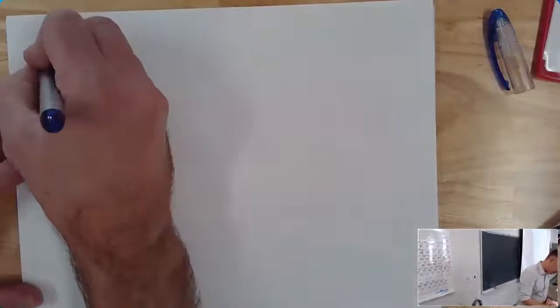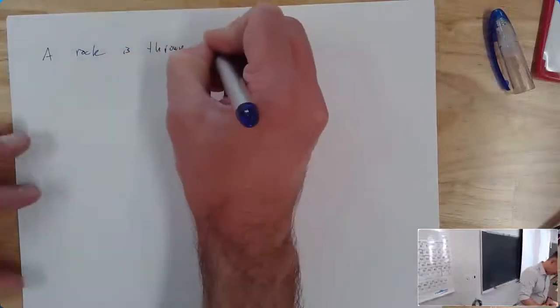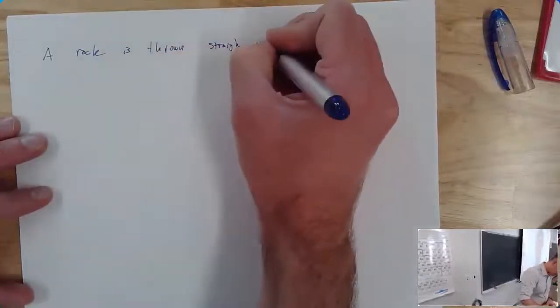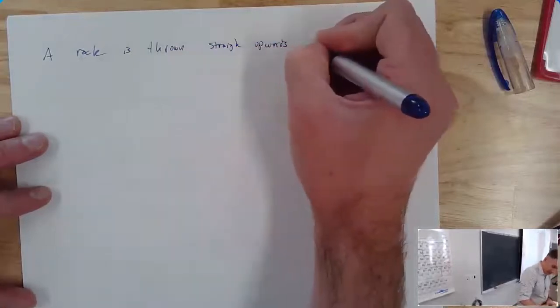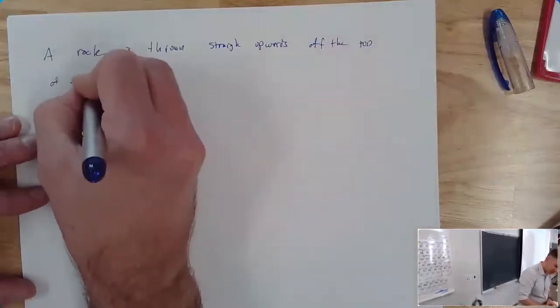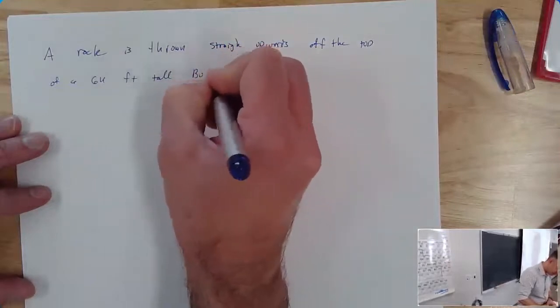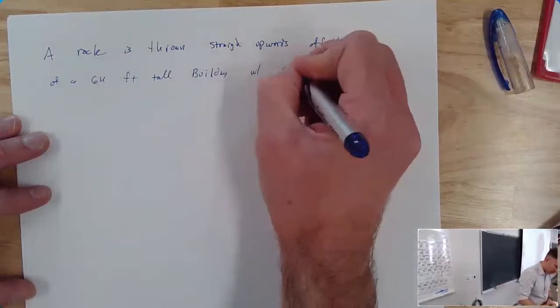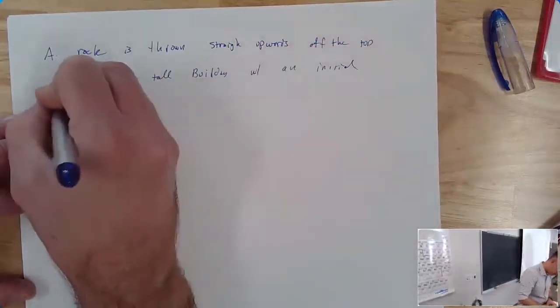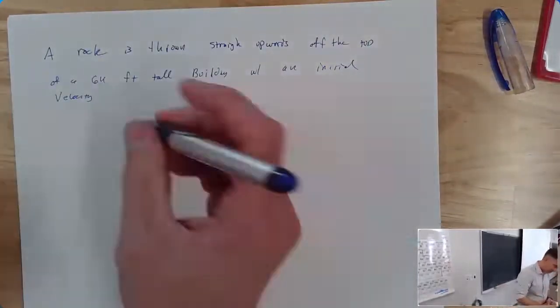A rock is thrown straight upwards off the top of a 64-foot tall building with an initial velocity of 48 feet per second.